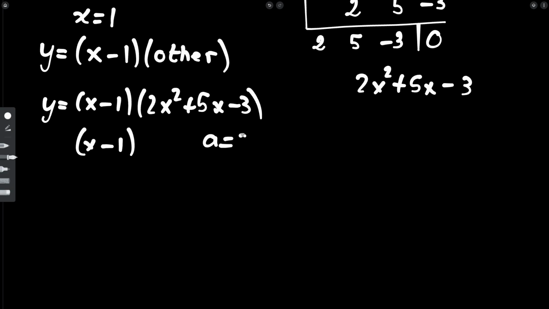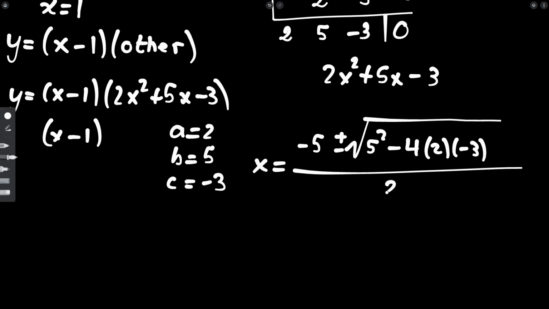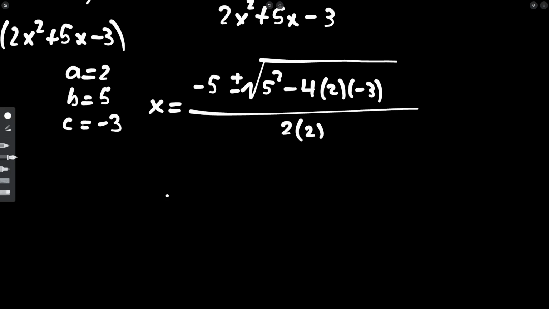Our a is 2, our b is 5, and our c is -3. X is equal to -5 plus or minus the square root of 5 squared minus 4 times a times c, all over 2 times 2. This -5 stays.